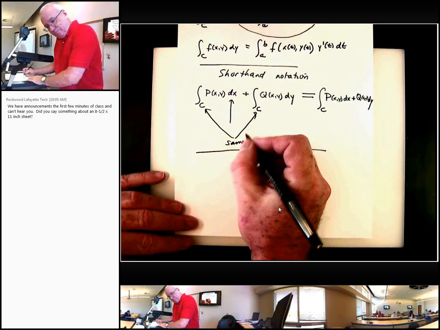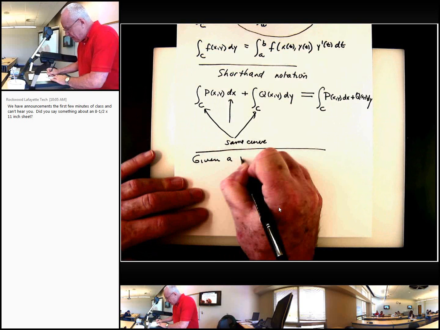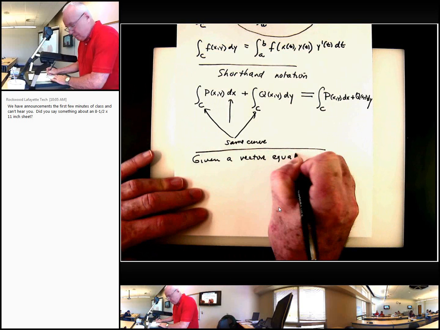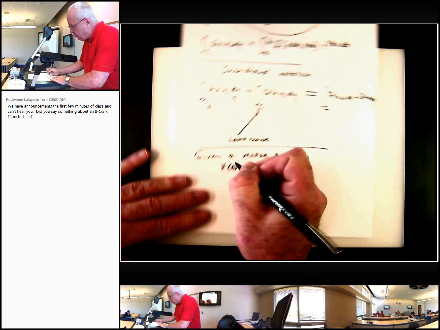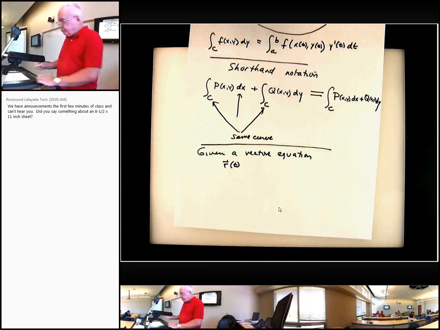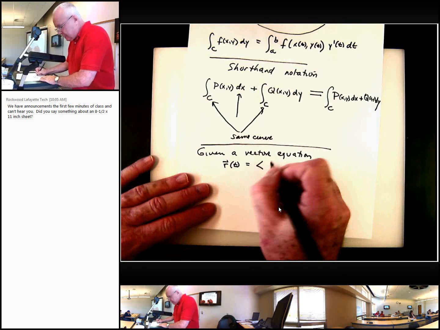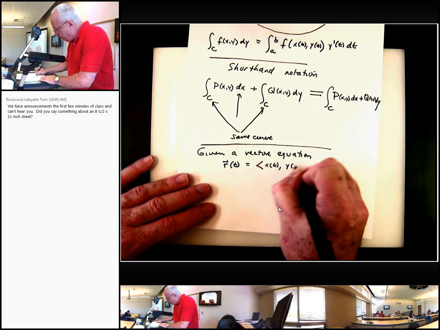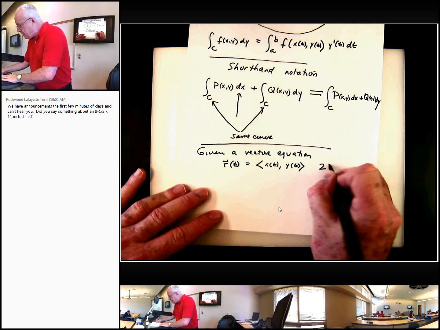Okay. So say we're given a vector equation r of t, with the little arrow there, equal to, and here's our vector in 2 dimensions, it would have 2 components, x of t, y of t. This is in the 2D case.